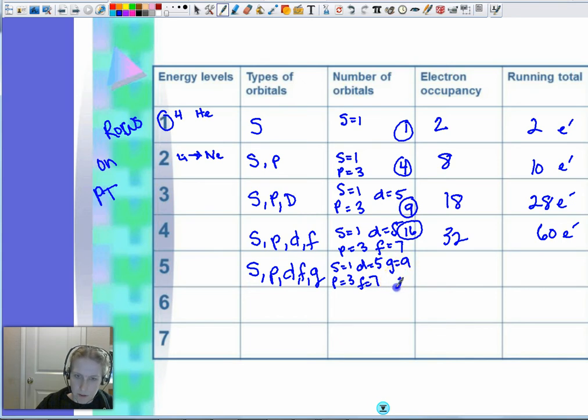When we total that up, we get 25 possible orbitals times 2 is 50. And now we can have up to 110 electrons. So element 110 would have full energy levels up to the very full level 5.